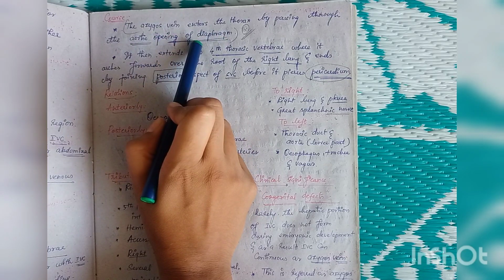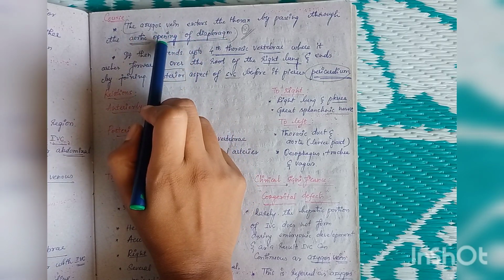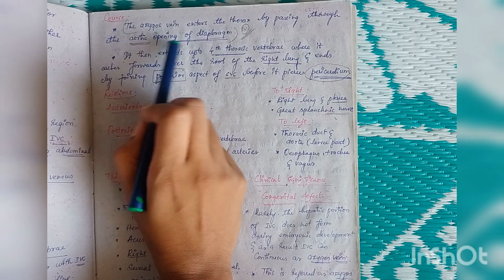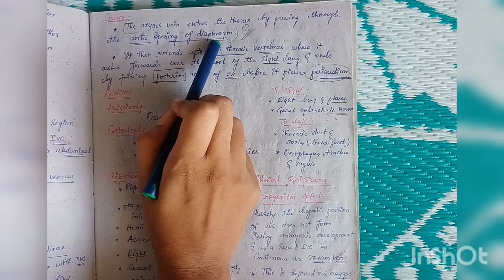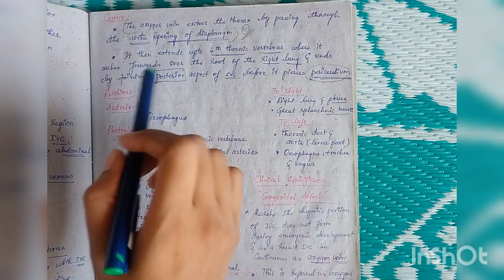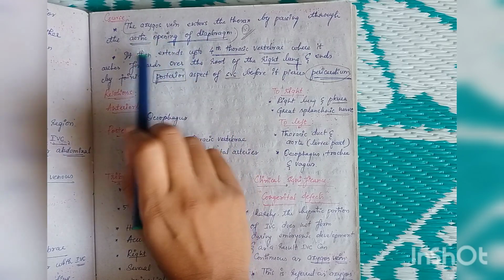It may be asked as a question: what are all the structures passing through the aortic opening of the diaphragm? If they ask, the azygos vein is also one of the structures passing through this opening.